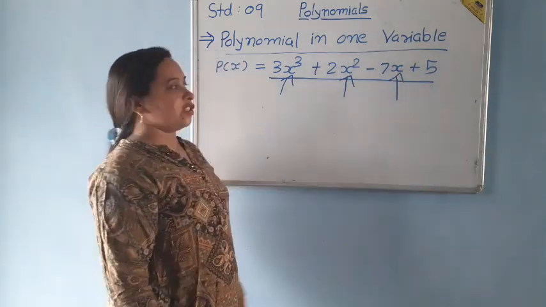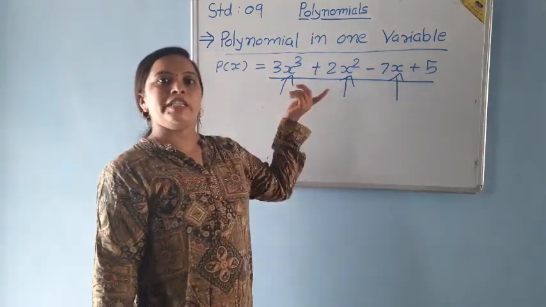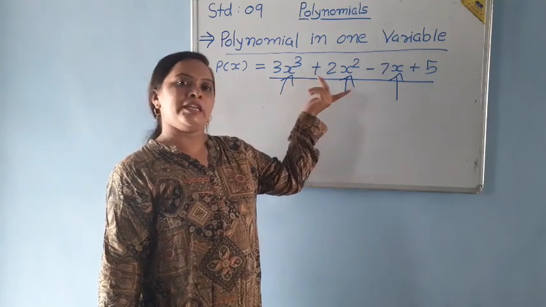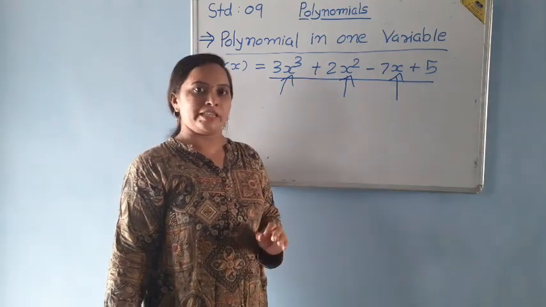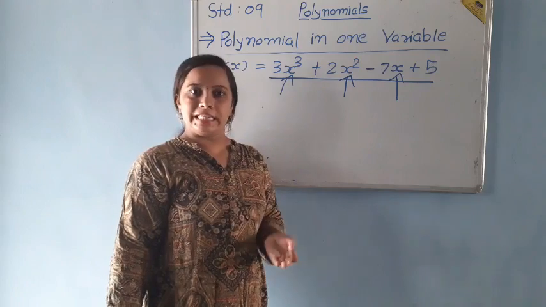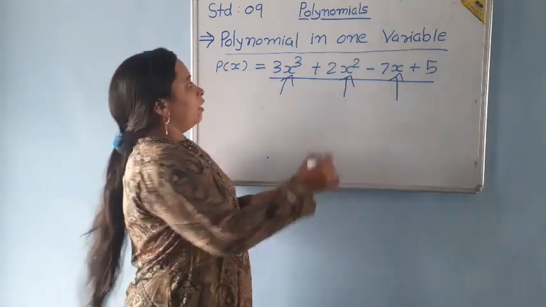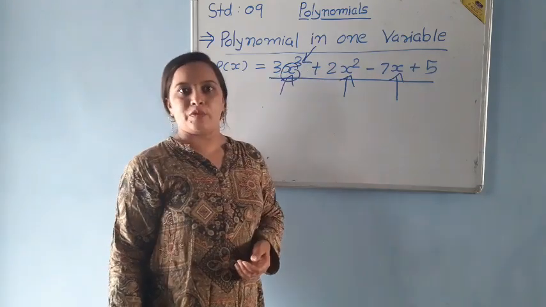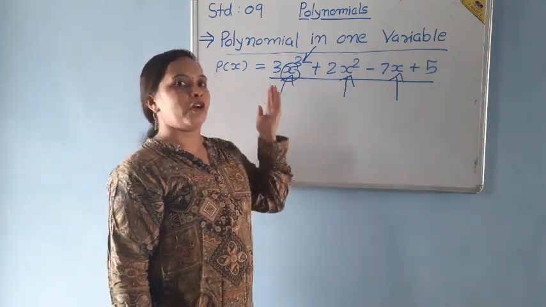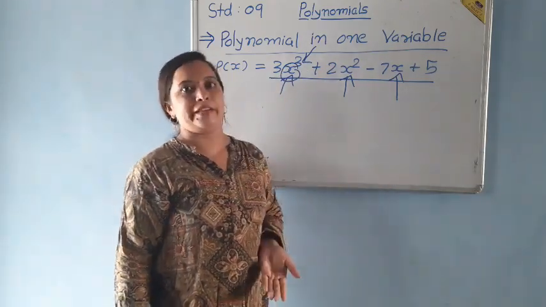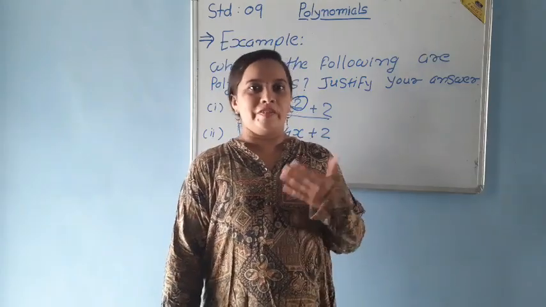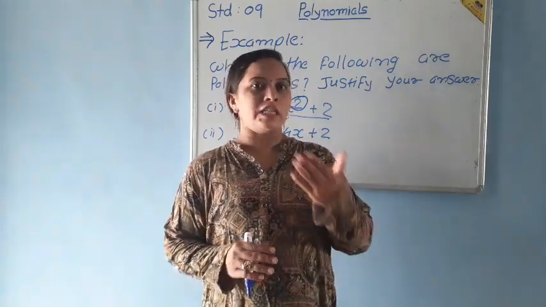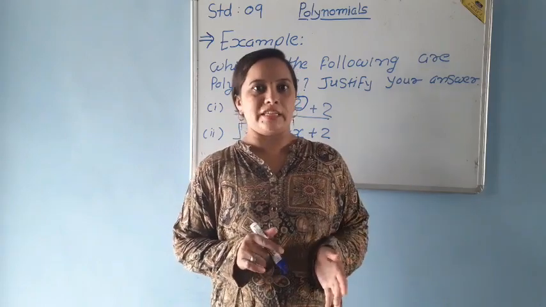This is a polynomial which has only a single variable in the expression. So an algebraic expression having a single variable, whose variable has only a whole number as an exponent, is known as a polynomial in one variable. We will understand all our concepts by taking some examples.